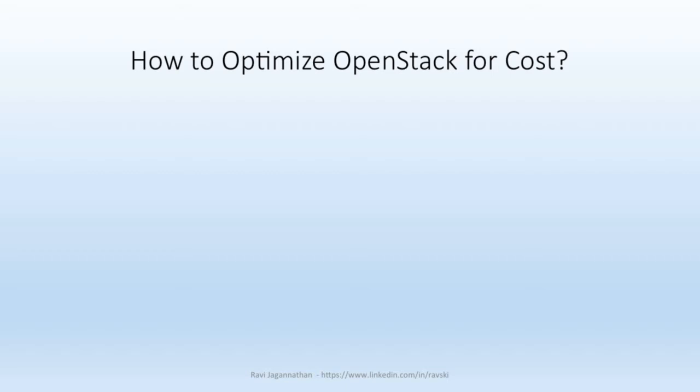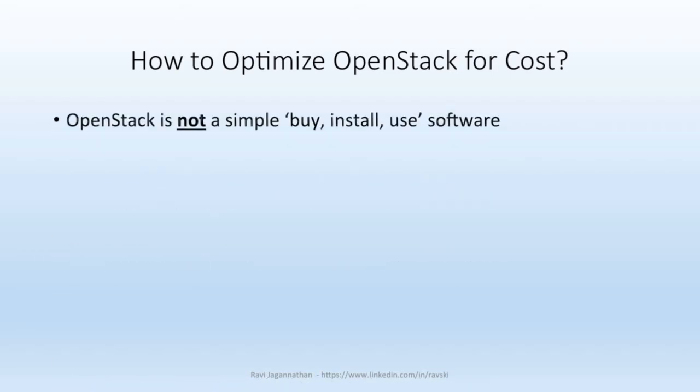So now let's just look at the cost. I mean, the basic things, budgeting 101. OpenStack is not a simple buy, install, use software, right? You can buy a distro, or you can put together a distro of your own, which most people don't recommend. You can buy a commercial distro of OpenStack. Even then, you need to do a lot of work to make it work.